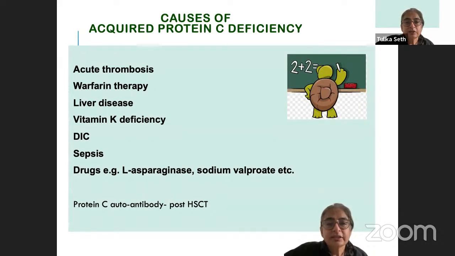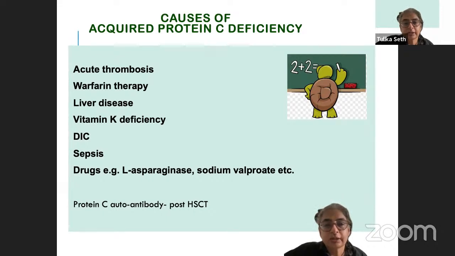Even though we always think of protein C, protein S deficiency as inherited, you can see an acquired protein C deficiency, particularly during the acute thrombosis period. You can see it with warfarin therapy. You can see it in liver disease and vitamin K deficiency, and some DIC patients and sepsis patients, and patients who are on drugs like L-asparaginase and anticonvulsants like sodium valproate may have protein C deficiency, and we sometimes see inhibitors of protein C in post-transplant patients.